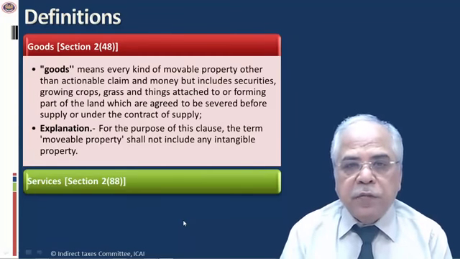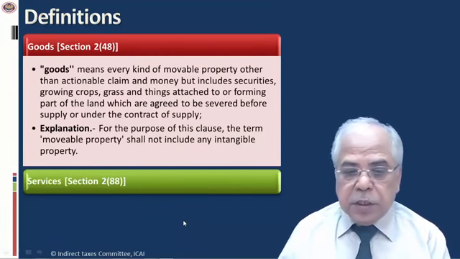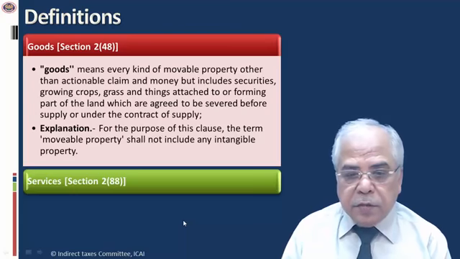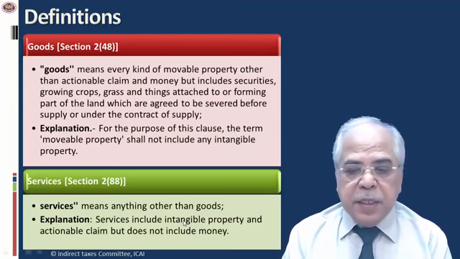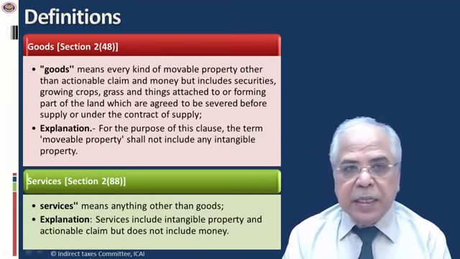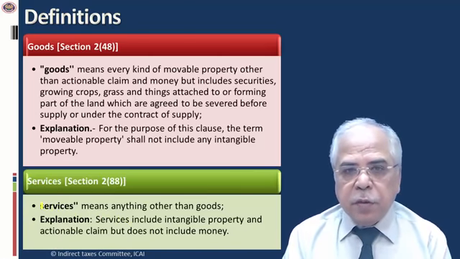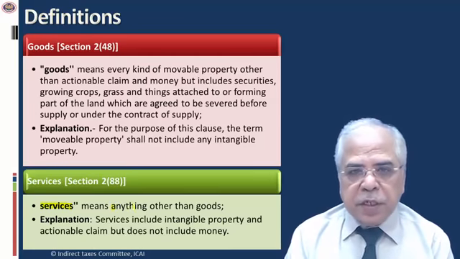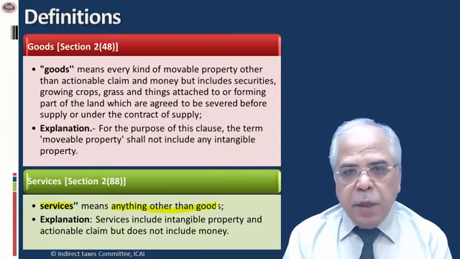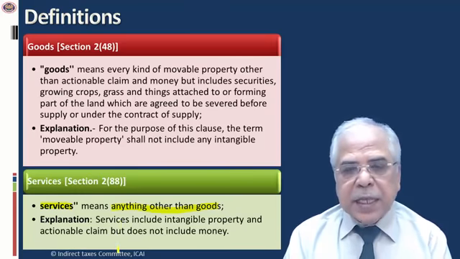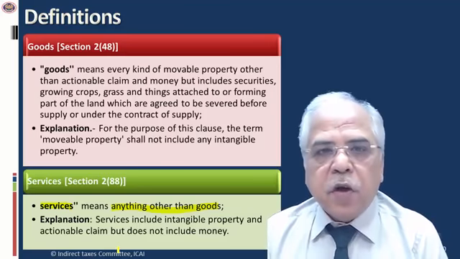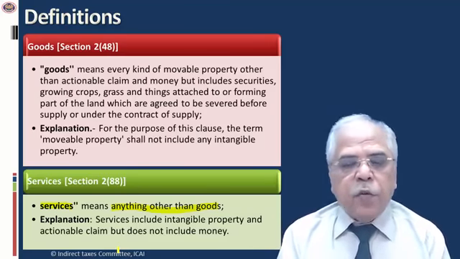Now we will move to the definition of service, which is given in subclause 88 of section 2. Service means, it's an exhaustive definition, anything other than goods. Now, once such a wide definition has been given to the meaning of the term service, it is already being disputed in professional circles whether immovable property shall also fall in the definition of service, because service has been defined as anything other than goods, and goods we have already discussed as any kind of movable property.